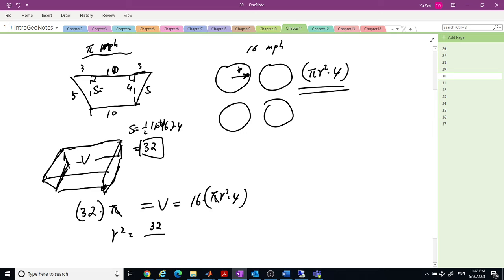It's 16, so it is 52. Okay, so it is 52, equals this, then this one will be 52 over 64. So divide by 4, it is 13 over 16. So that's why r equals root 13 over 4.